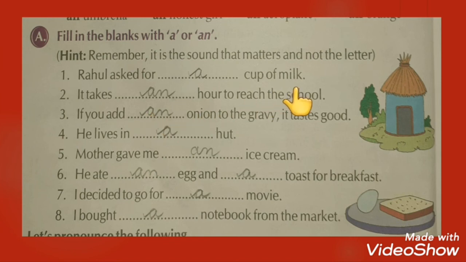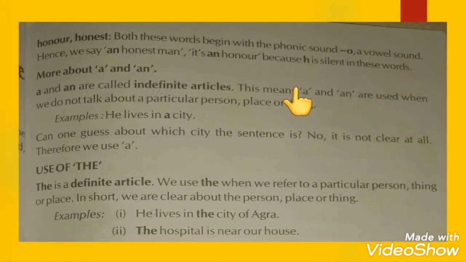Like this, students, just try by your own. Honor, honest, both these words begin with the phonic sound O, a vowel sound. Hence we use an honest man and an honor, because H is silent in these words, and we are getting the sound of a vowel.